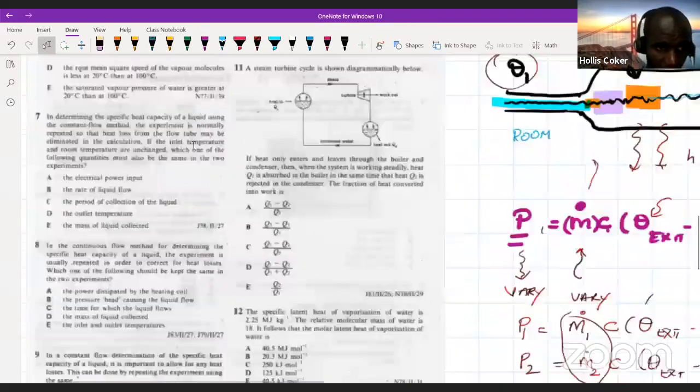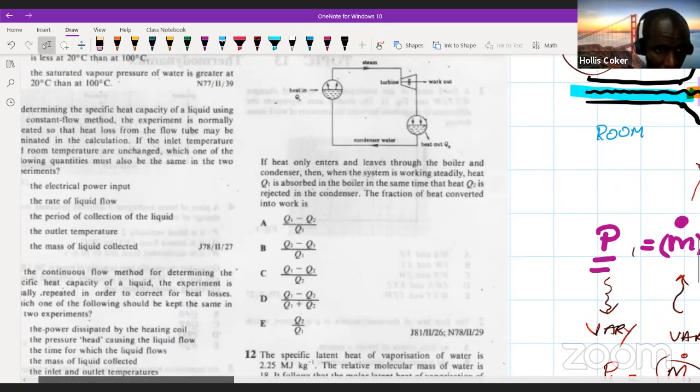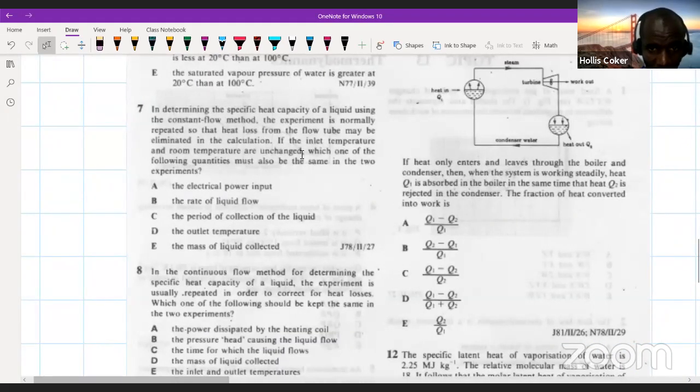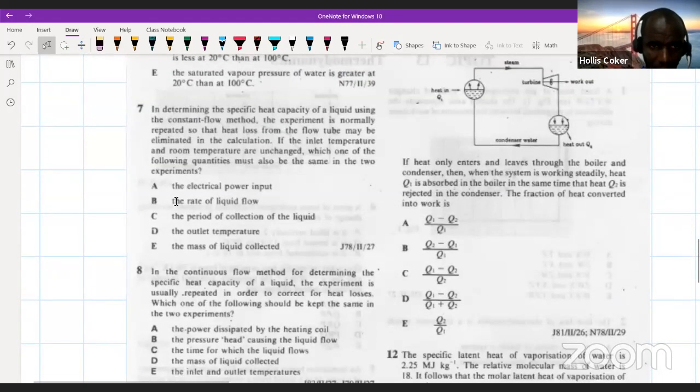Number 7, let's go back. What must be the same? If the inlet temperature and room temperature are unchanged, which of the following quantities must also be the same in the two experiments? The power, the mass flow rate, let's see.